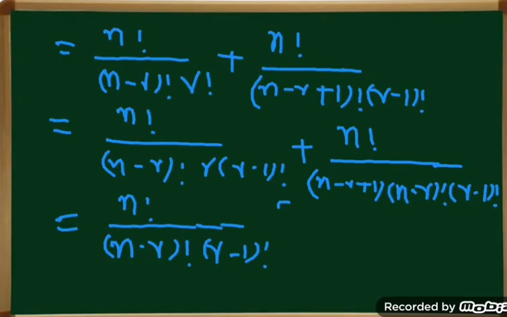Now here 1 over r is remaining, and the second term 1 over n minus r plus 1 remaining.